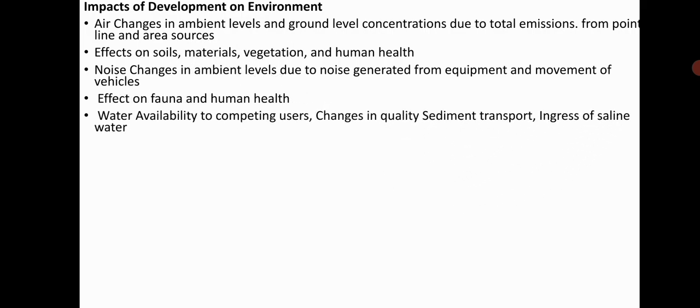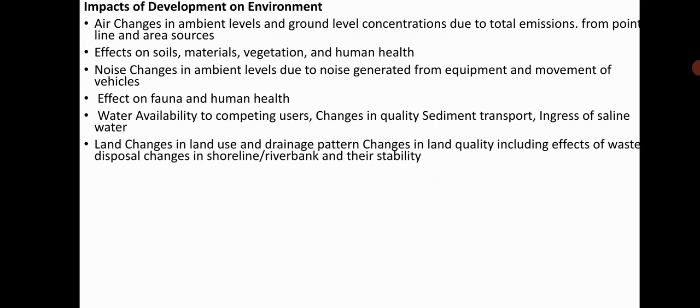Water availability to competing users, changes in the quality, sediment transport, and ingress of saline water also induce impacts. For land, there are changes in land use, drainage pattern systems, changes in land quality, including the effects of waste disposal, and changes in the riverbank area and its stability.